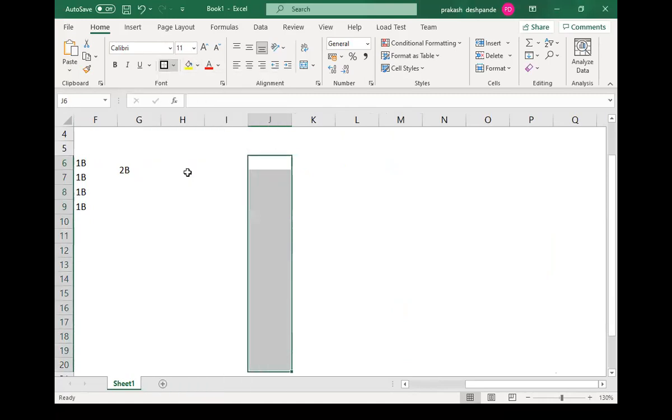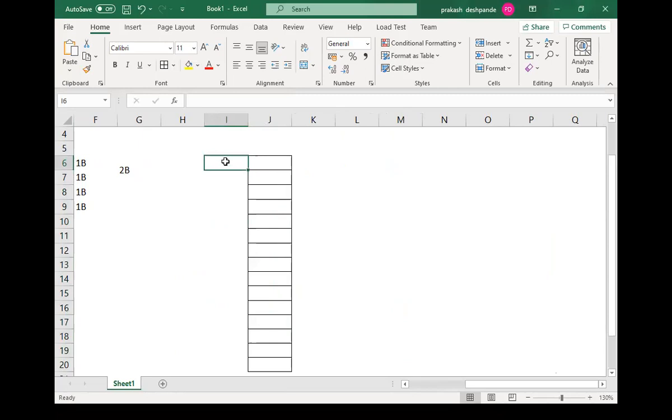Let me put up certain blocks here. Let me call them 2001, 2002, and let's have a few addresses for the blocks.